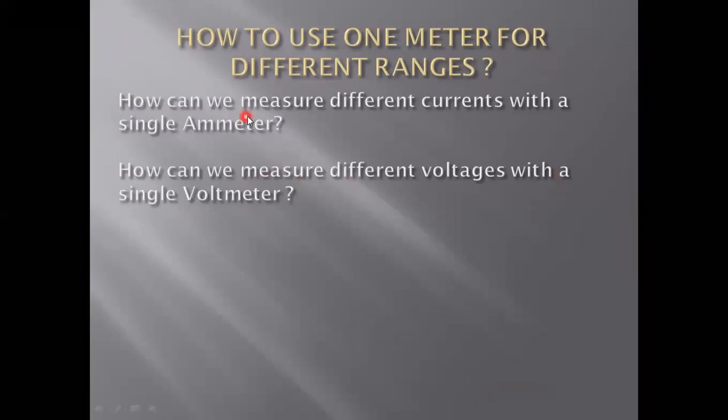To measure different currents with a single ammeter, we would require a shunt. And to measure different voltages with a single voltmeter, we require a multiplier. We are going to see what a shunt is and what a multiplier is in further slides.